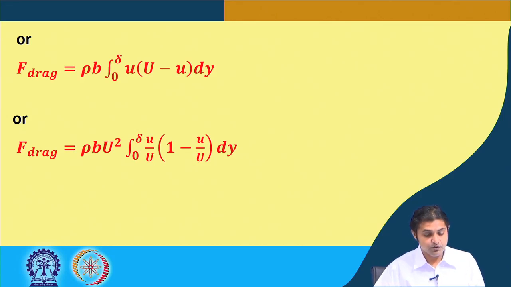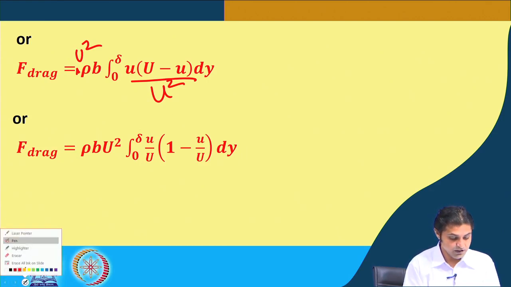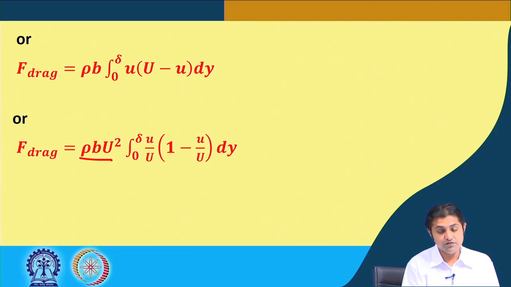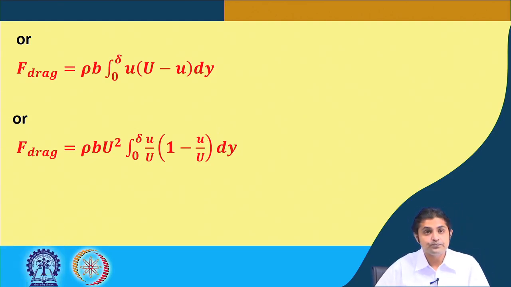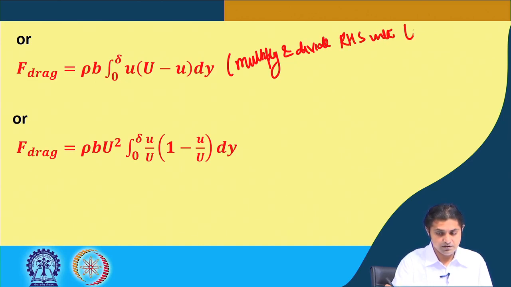In other words, if you multiply and divide the right hand side by capital U square, it won't make a difference, then you get rho b U square integral of small u by capital U into 1 minus small u by capital U dy. Very simple.